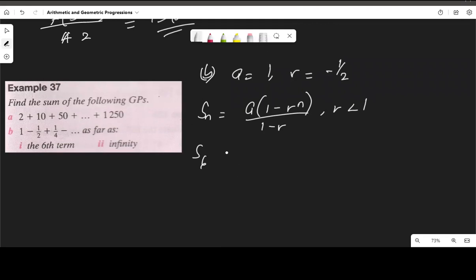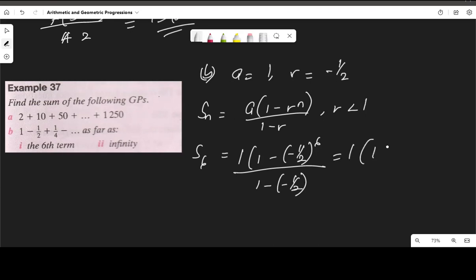The system S6 will be A, which is 1, bracket 1 minus R, which is minus half, then to the power of n, which is 6, all over 1 minus, what is R? R is minus half. So here we have 1 times 1.